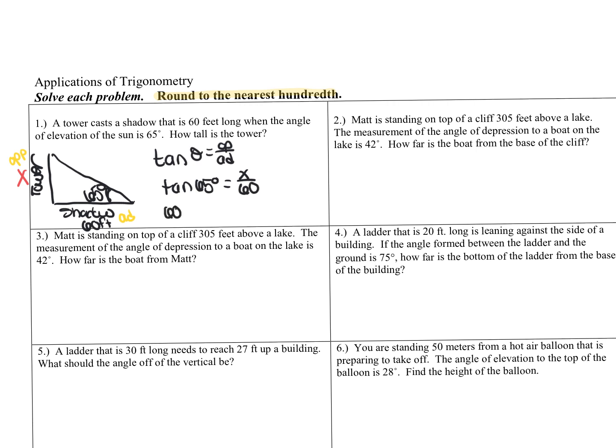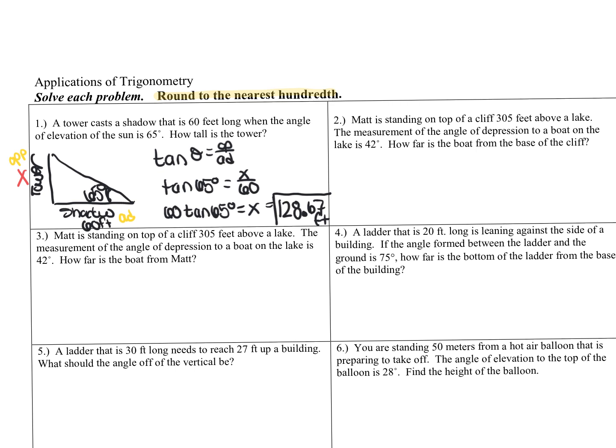You're going to multiply the 60 over. So 60 tan 65. Make sure that calculator's in degrees. That will get you your x value. Take a moment, go ahead and type it in the calculator. It should come out to be 128.67 feet. Make sure you label it. Story problems have story answers.